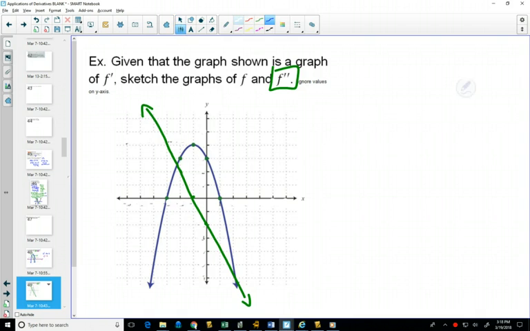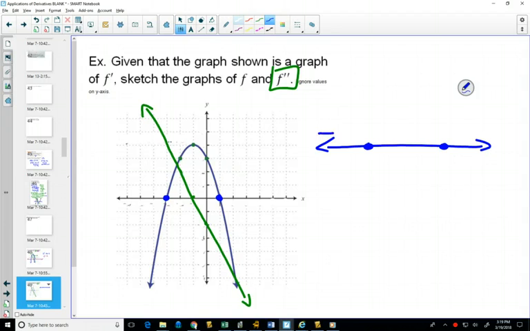Well, on the blue graph, can you see that we have these 2 points which are equal to 0? Those are 2 critical points. What did we do with those when we worked through our first derivative? After we found those, we would have put them on our number line, right? And we would have said to the left of it, my derivative is negative.